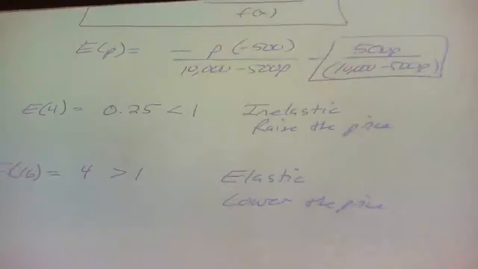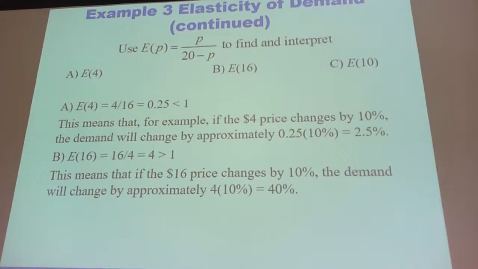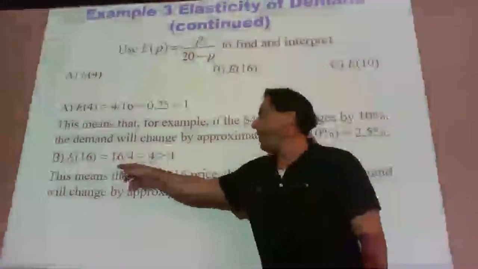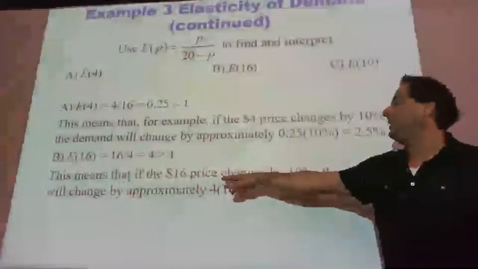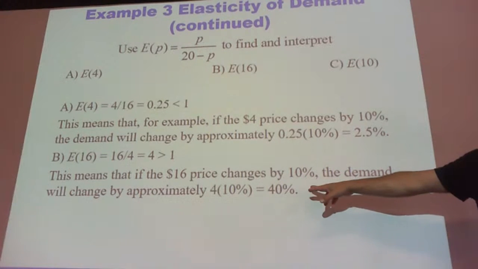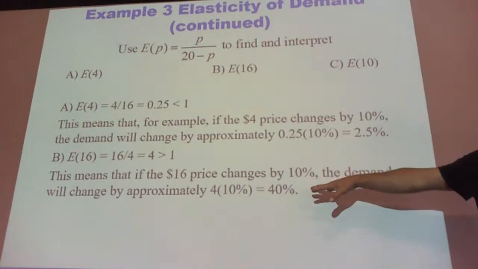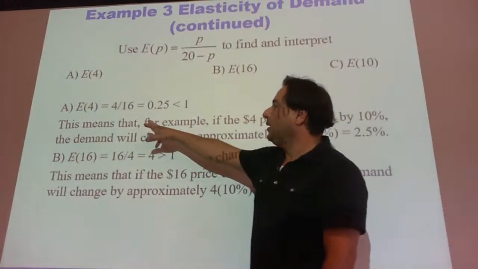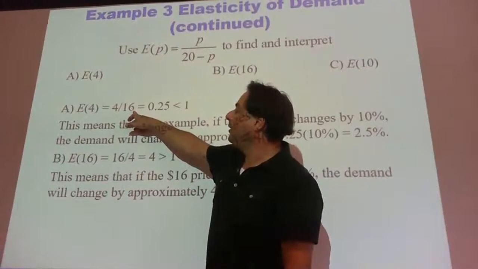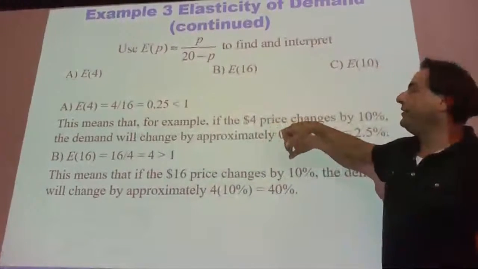And again, the longer answer. It comes from 16 over 4, top, bottom. That means if the $16 price changes by 10%, the demand will change by 40%. So what's happening here is, bottom number smaller than top number, you should raise the price.